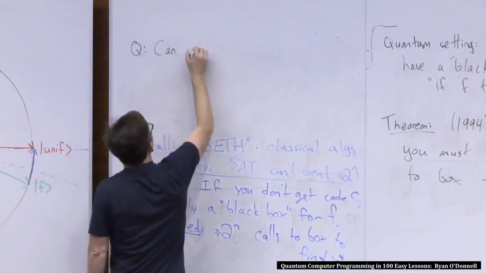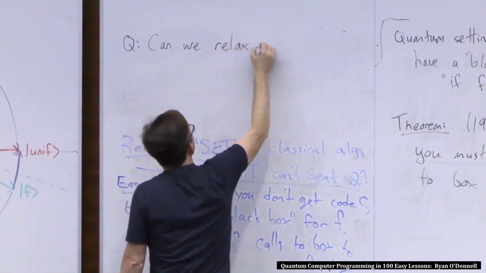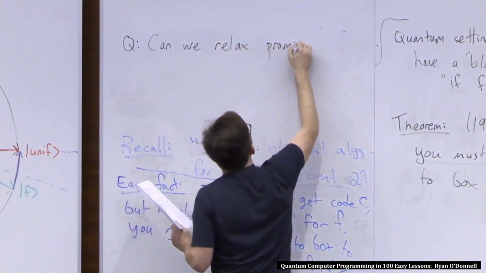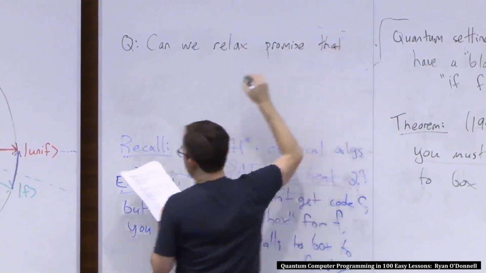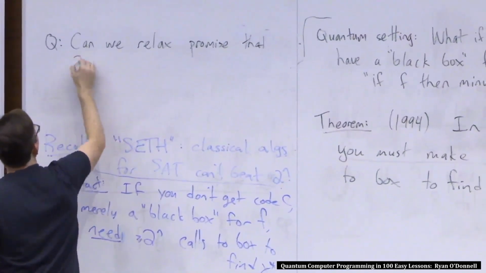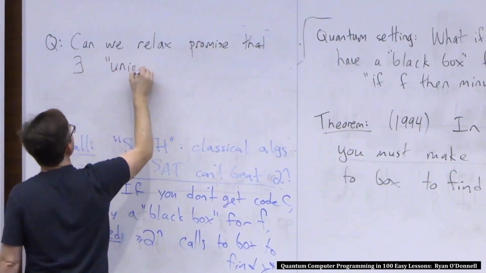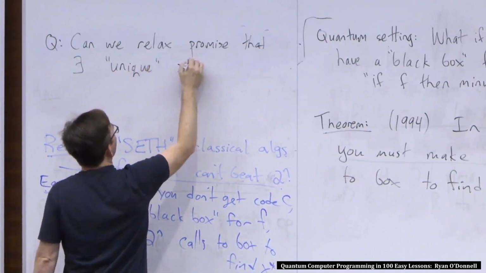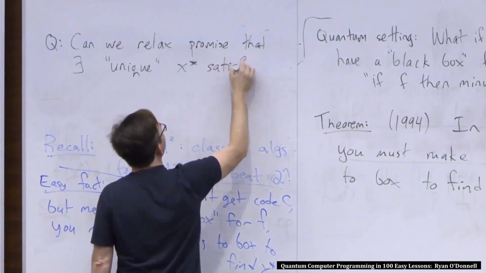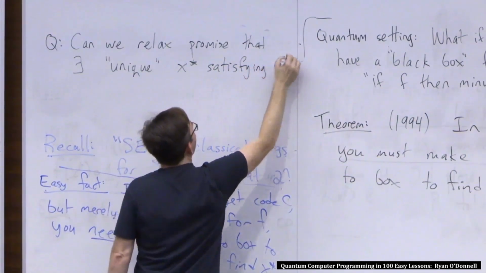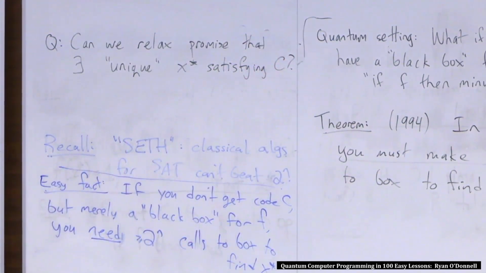Can we relax the promise that there's a unique satisfying string? Because honestly, how could you actually know that? Somebody gives you this code C, how do you know that it has exactly one satisfying string?